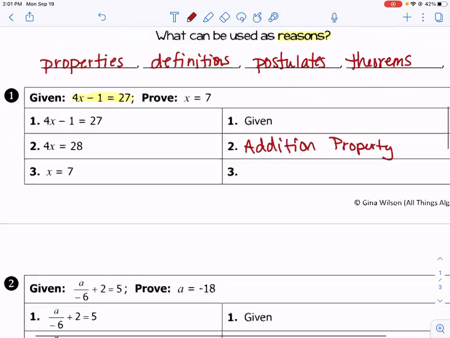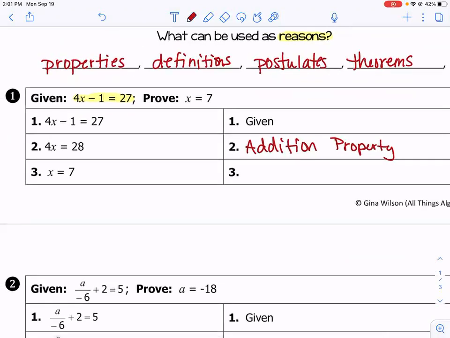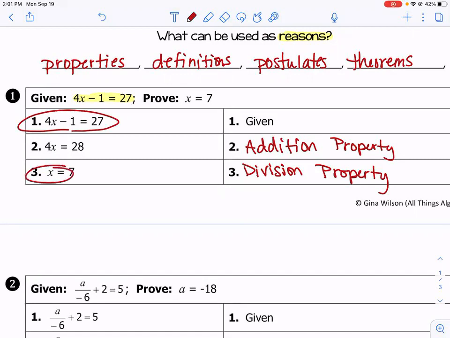Now, what happens from step 2 to step 3? We divided both sides by 4, so the division property. We start out with what's given, and once we get to what they want us to prove, then we are done with our proof.